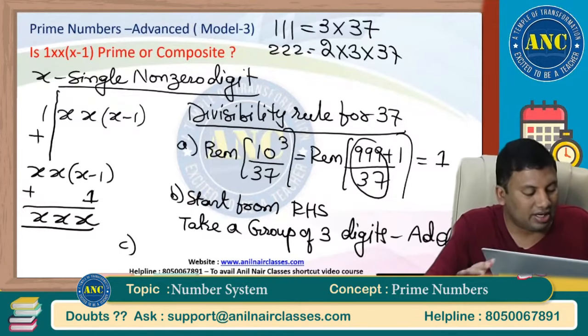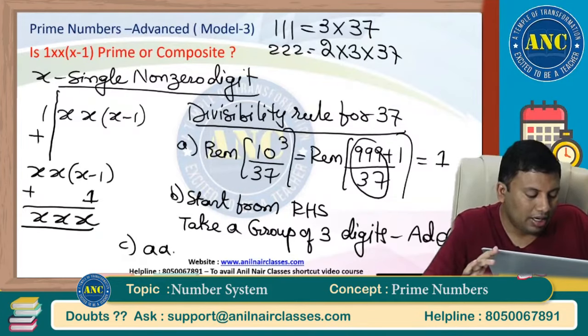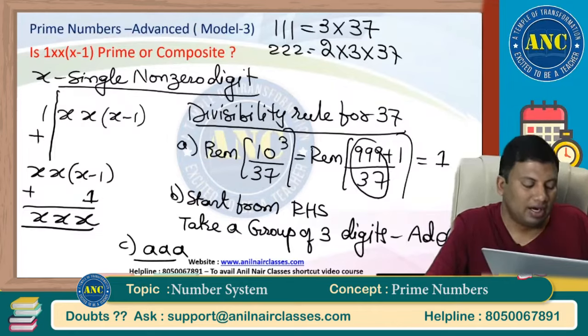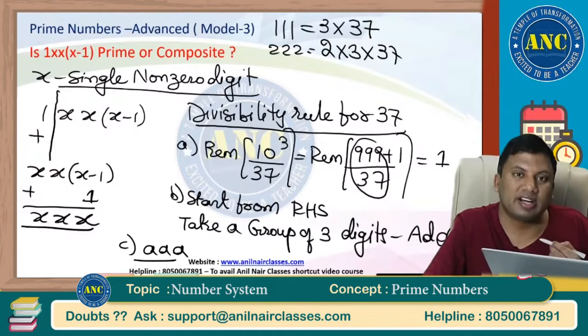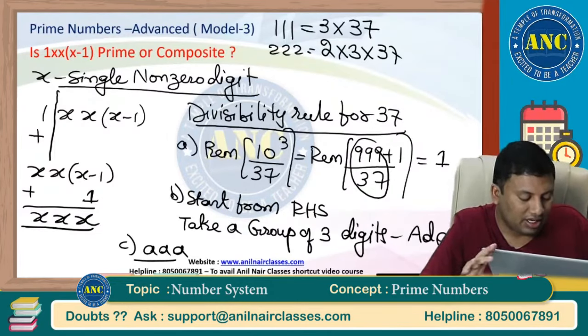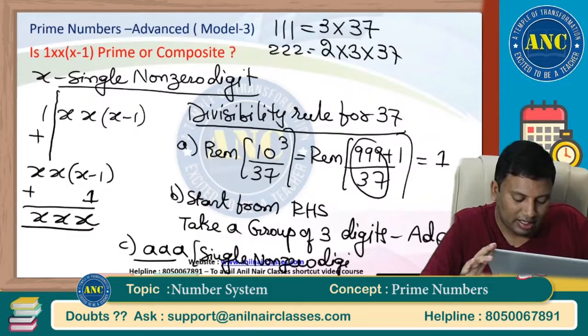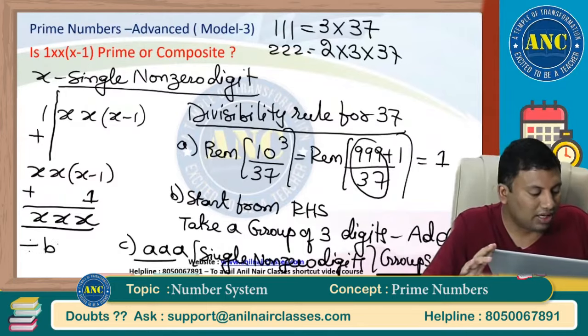Any number of the form AAA, where a single non-zero digit is written in groups of 3, is always divisible by 37.